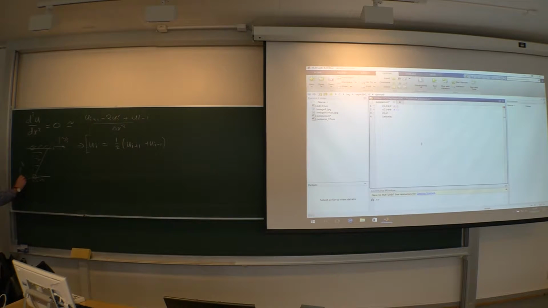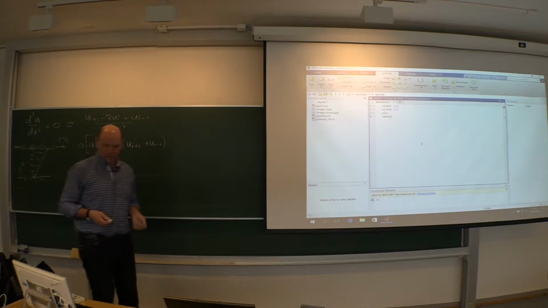So I start here with number 1. That's the boundary point. And up here, well, I want to have Emax unknowns in between. So then this one up here has to be Emax plus 2. So the first one and the last one are the boundary values here, constant, 0 and 1. But the rest in between, I want Emax.